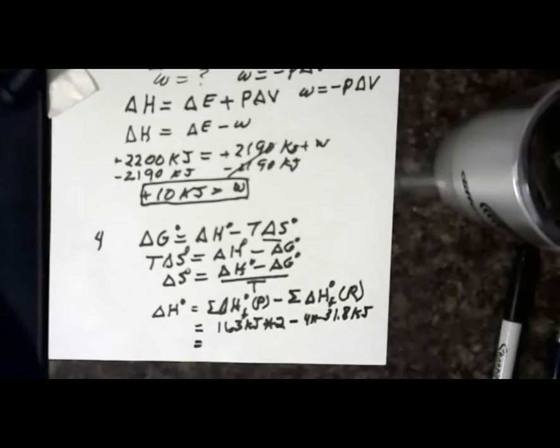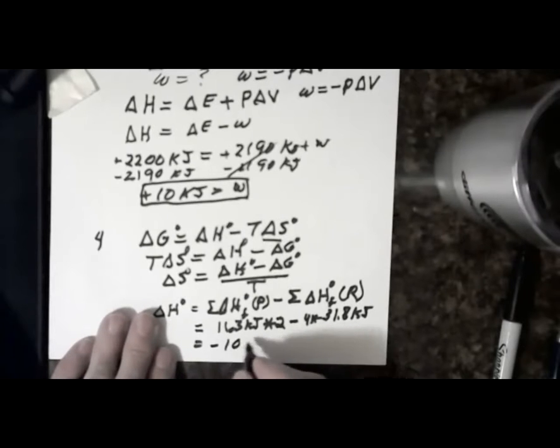Okay, so this allows us to get the delta H. It's going to be 11.3 times 2 minus 4 times 31.8. What I'm getting here is minus 104.6 kilojoules.